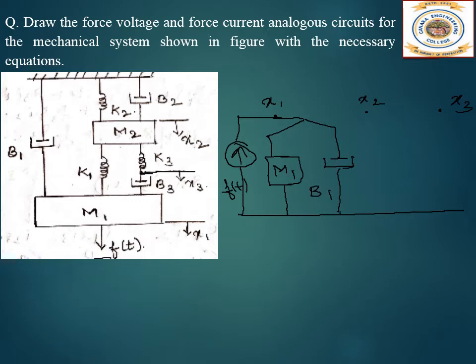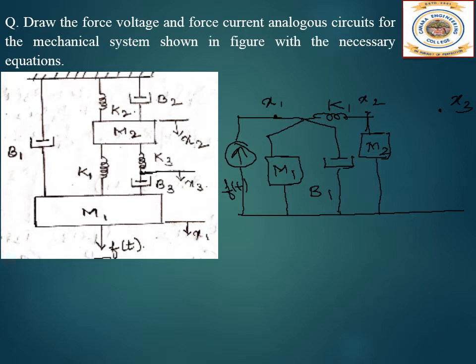Coming to now node x2. X2 is over here. See, first thing what we have to write is a mass. So mass M2 is connected from x2 to the reference. Then we'll check. See, here now see K1. K1 is connected between M2 and M1, which means it should be connected between x2 and x1. So here it is K1.